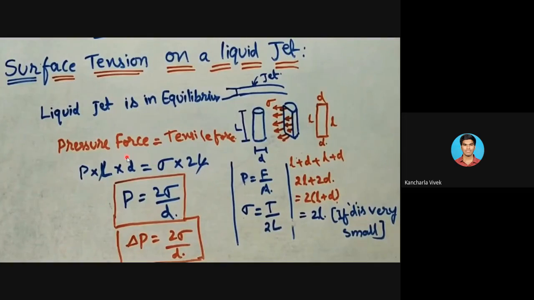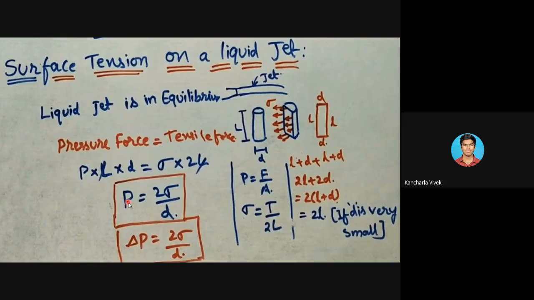So what happens here? P or F equals T. So pressure, force into area, that is length into diameter. So we are covering the entire area, equals surface tension into the water force exerting on the perimeter, that is sigma into 2L.